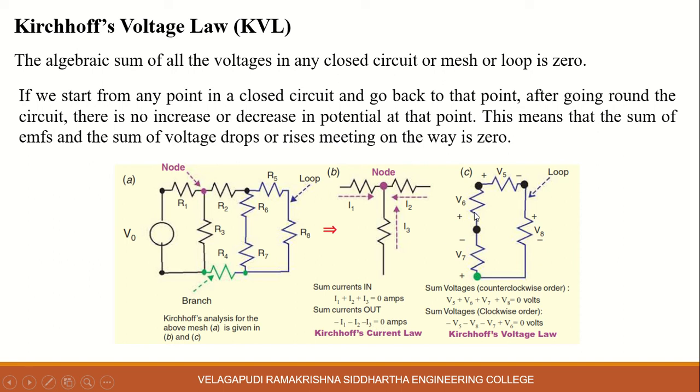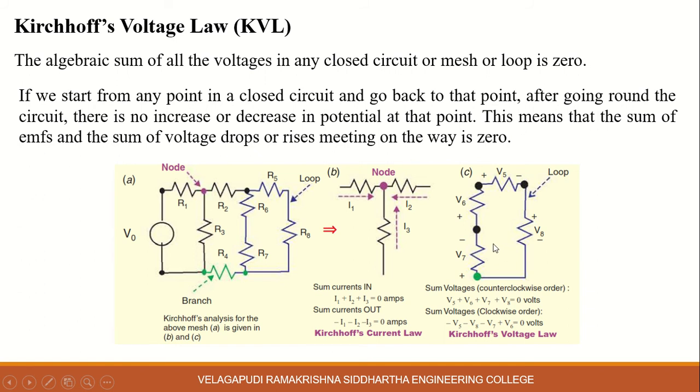Now observe figure C for the Kirchhoff voltage law explanation. The algebraic sum of all the voltages around the loop or mesh is equal to 0. This is one loop, or one mesh.